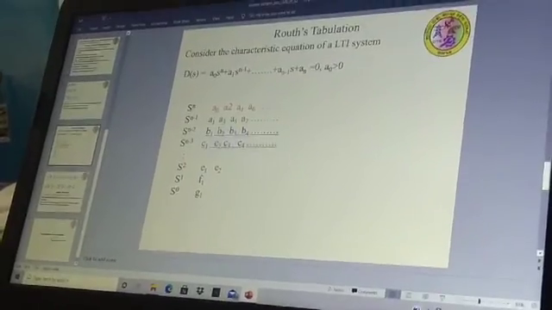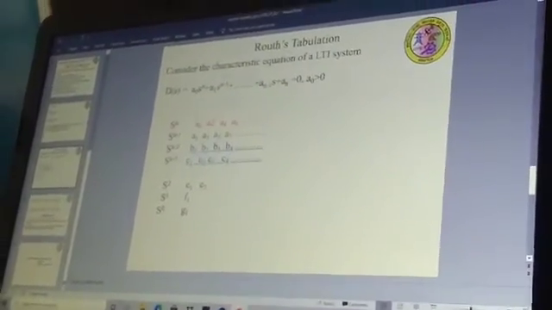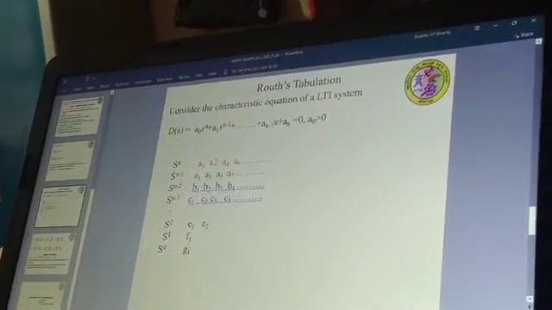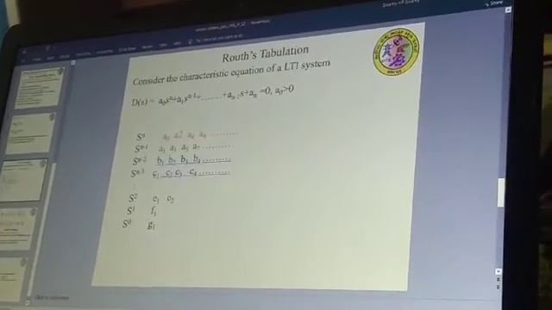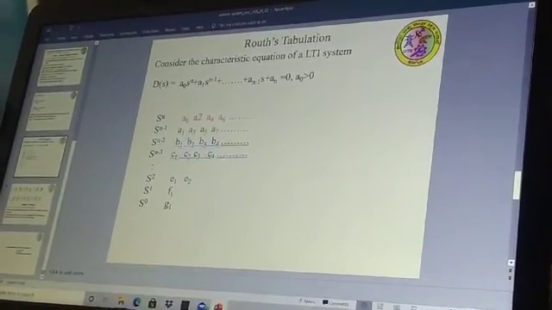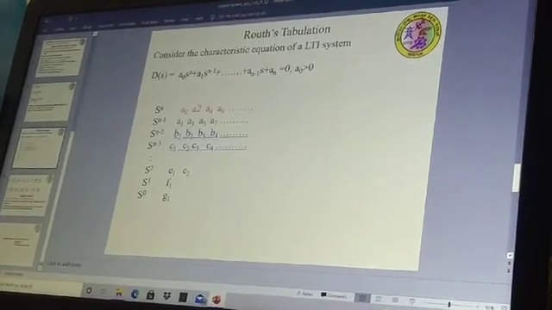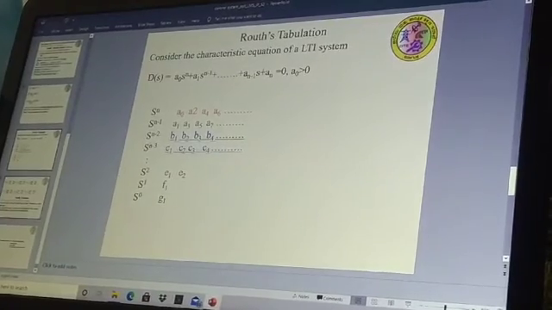After forming this complete Routh tabulation, you have to check the first column. All the coefficients must be positive. That means the given system is stable. If any sign changes are there, we'll see the next condition.